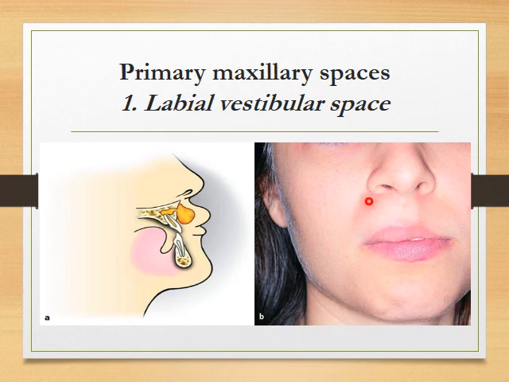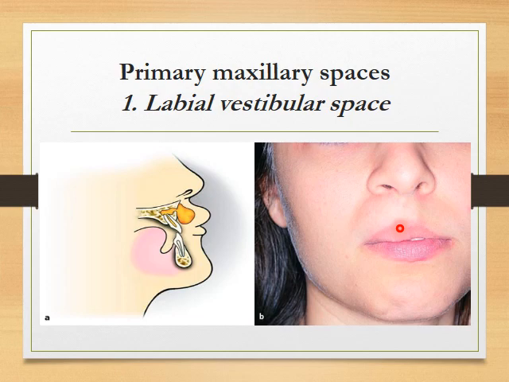When I examine the area intraorally, I see vestibular swelling and fluctuation. Fluctuation means that when I physically examine the swelling, I feel liquid under my fingers. This is the labial vestibular space infection.